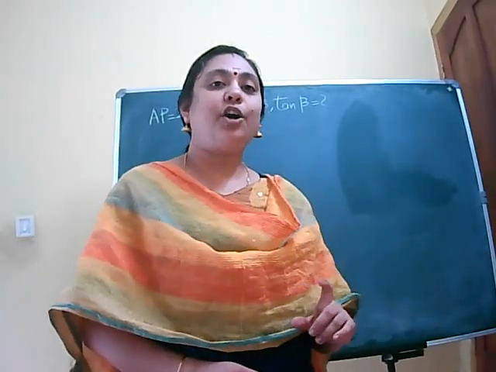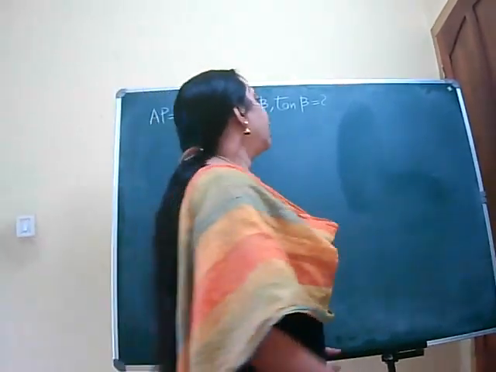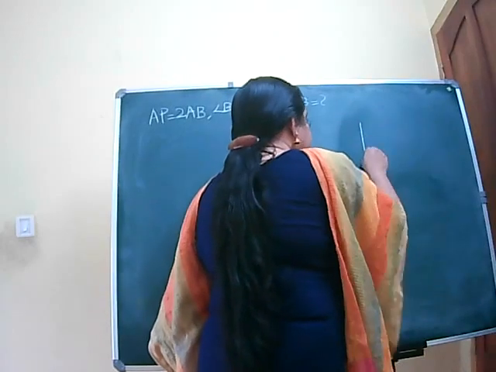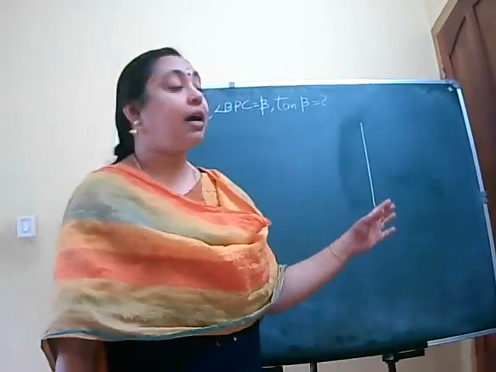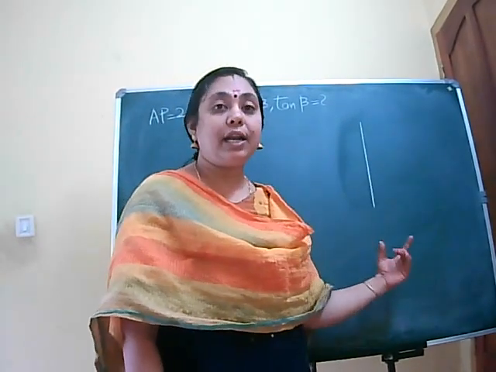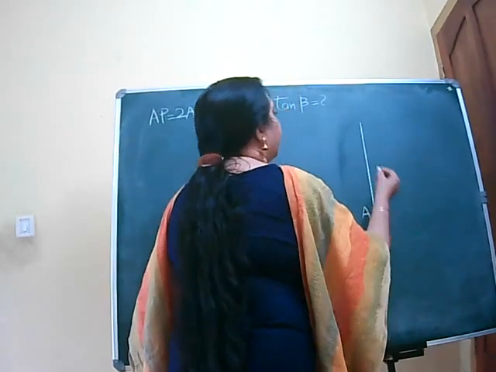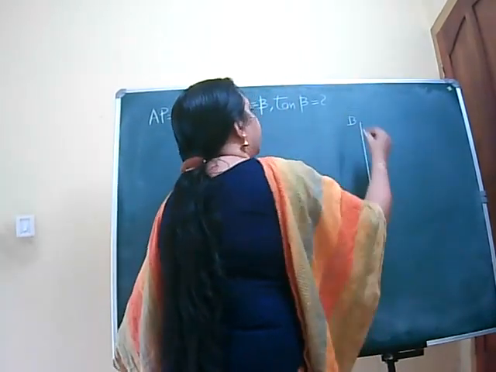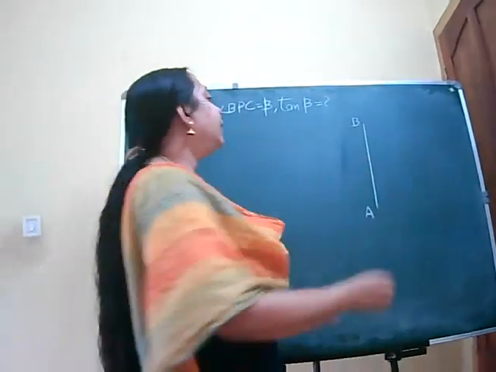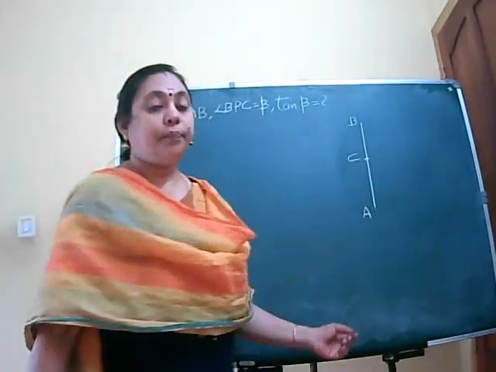Now let us draw the rough picture of the vertical tower AB. We are given that the vertical tower AB has its end point on the level ground as A, and C is the midpoint of AB.